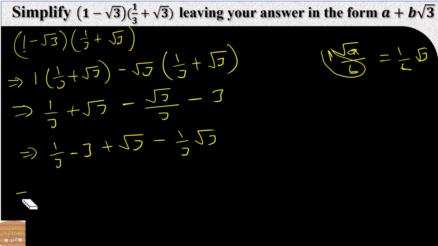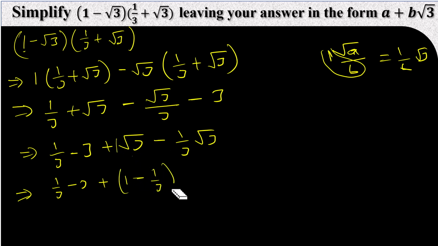So we have 1 over 3 minus 3 plus, now let's take root 3 out. So what's the coefficient here? 1. So 1 minus 1 over 3 root 3. So we are going to simplify this and simplify that. Now we are to leave our answer in the form of a plus b root 3.